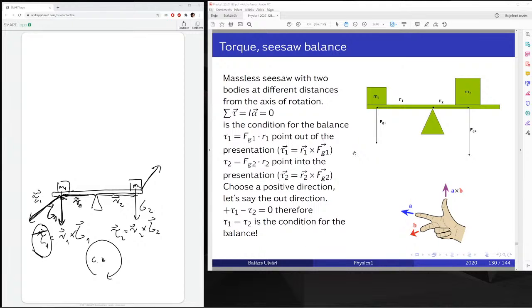Its nominal value tau 1 will be G1 times R1, and these are not vectors, these are the nominal values. So for example, if the mass 1 is 10 kilogram, this is 100 Newton. If the R1 is 1 meter, the tau is 100 Newton meter. And it comes out of the plane of the screen and points to you.